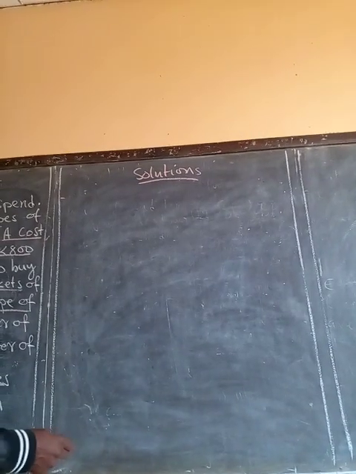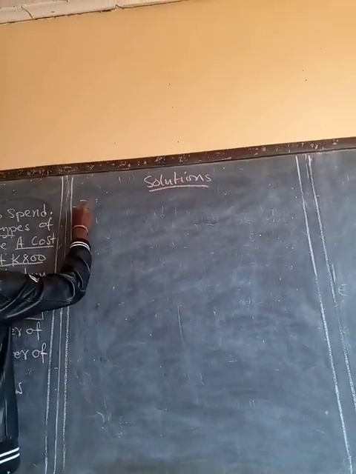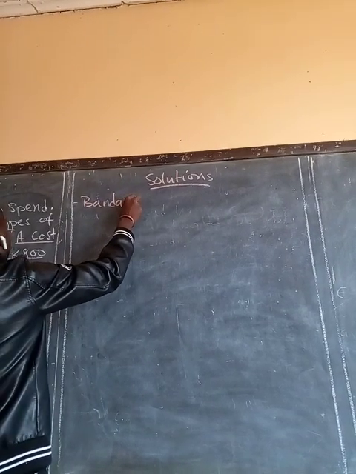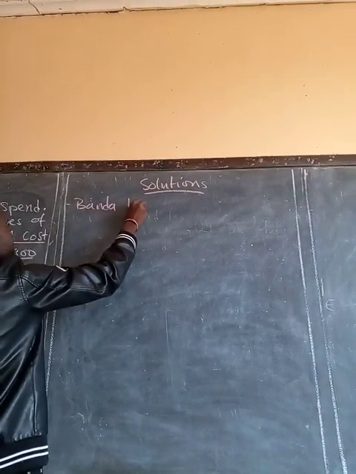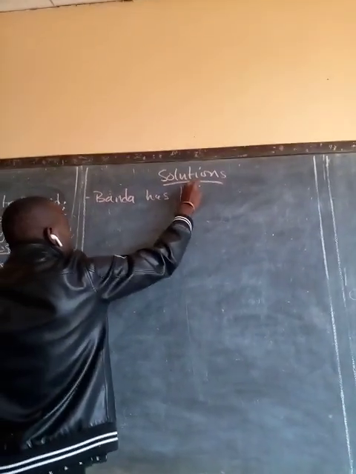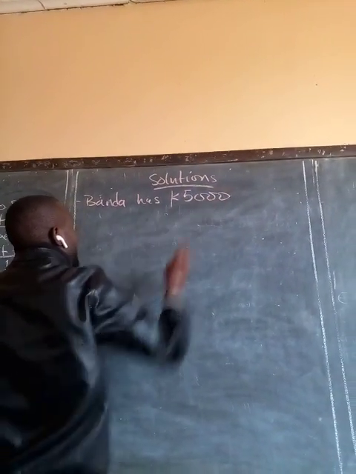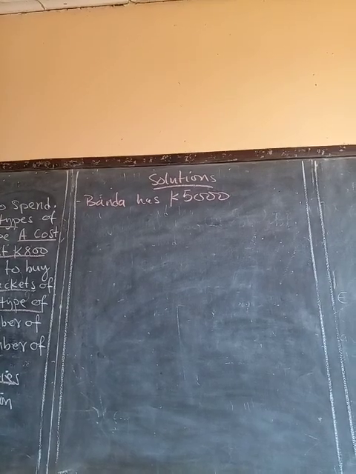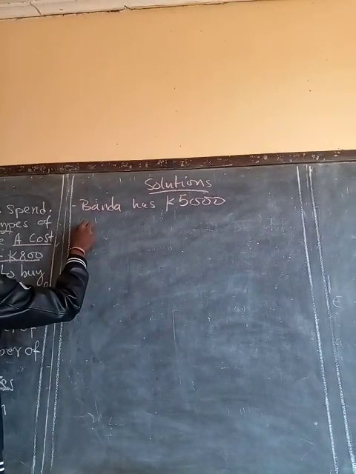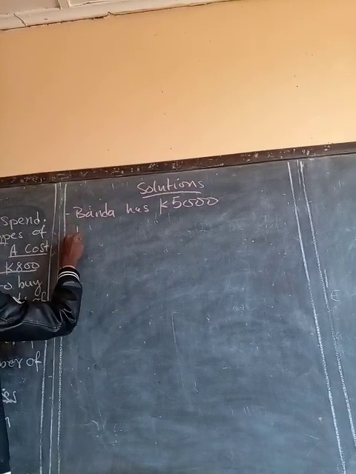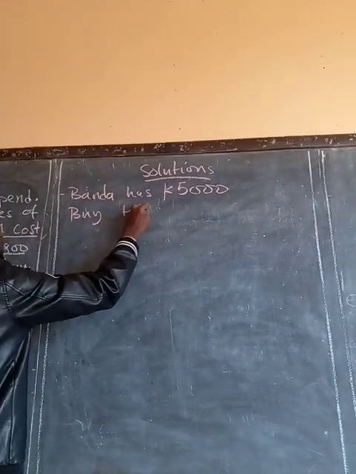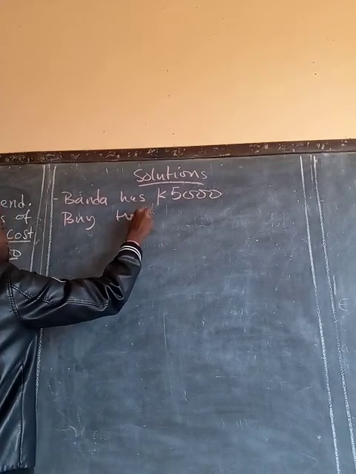The first part is Banda has, so we are going to identify what Banda has. Banda has how much? 5,000 kwacha. And Banda wants to buy 2 types of biscuits.